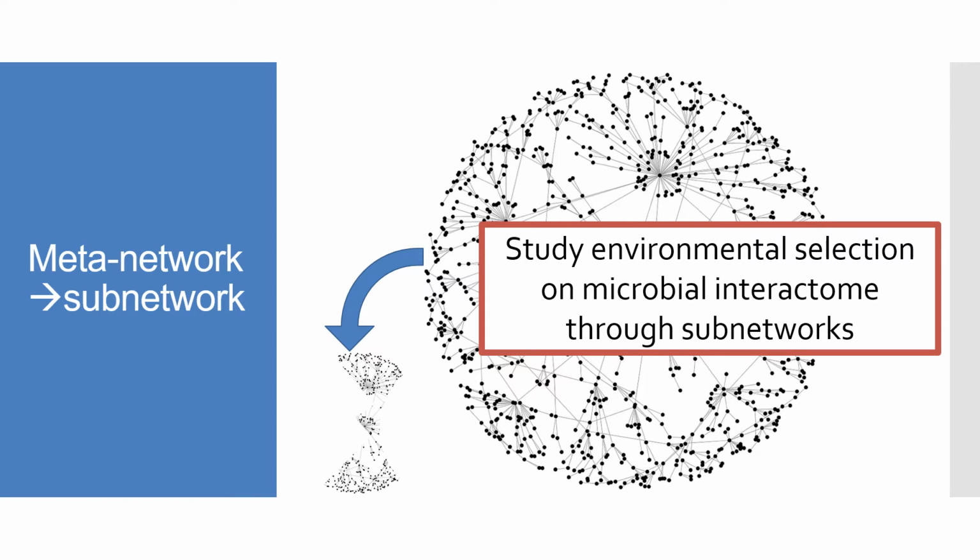I assume that a similar environment would likely lead to a similar subnetwork. If we gather enough knowledge about how the environment influences the network architecture, we can later use that information to infer a network based on environmental data through network similarity.